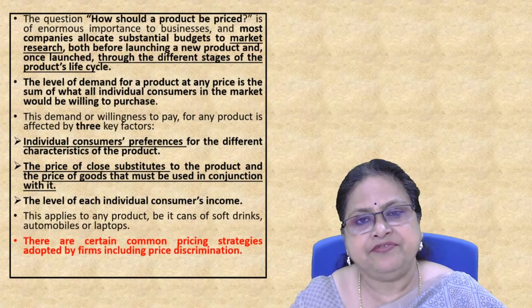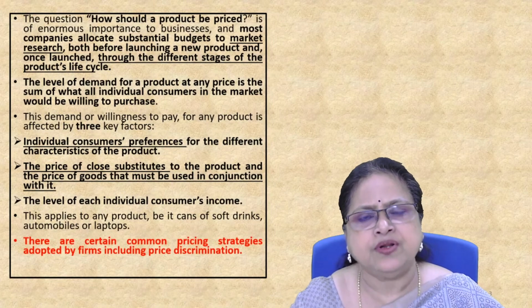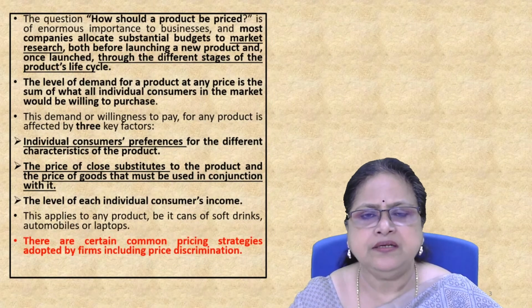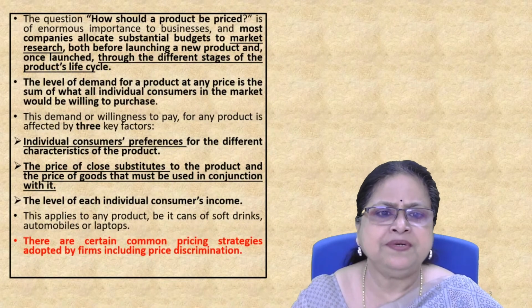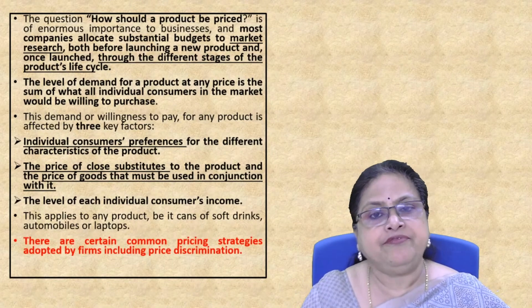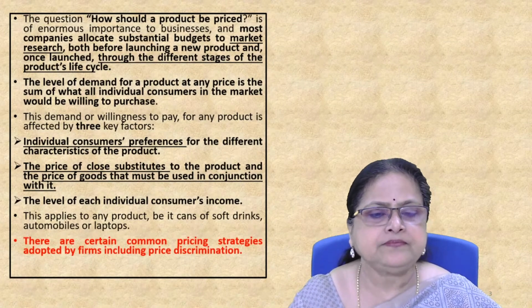If there is a price difference among these three, then I will decide whether to buy or not. Price is obviously one factor because we assume that consumers are rational, but sometimes individual consumers' preferences for different characteristics of the product also matter.